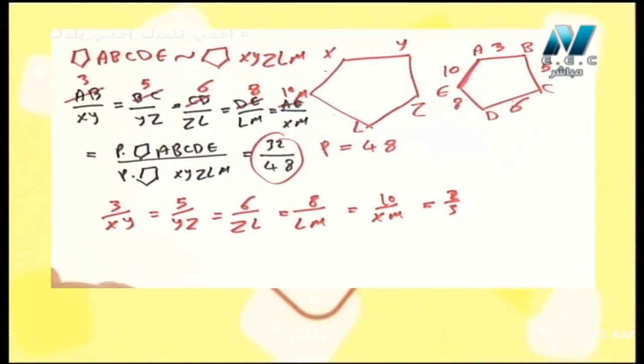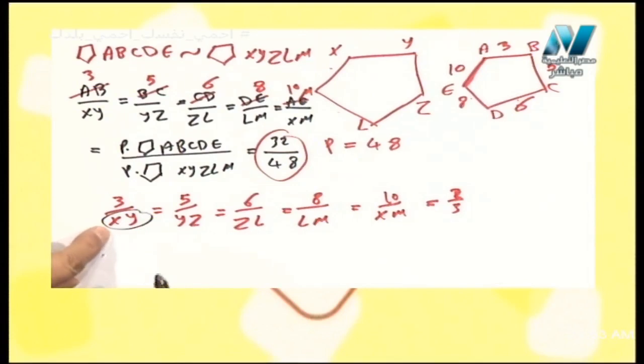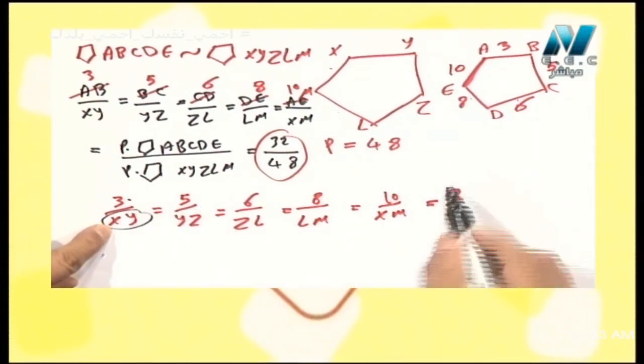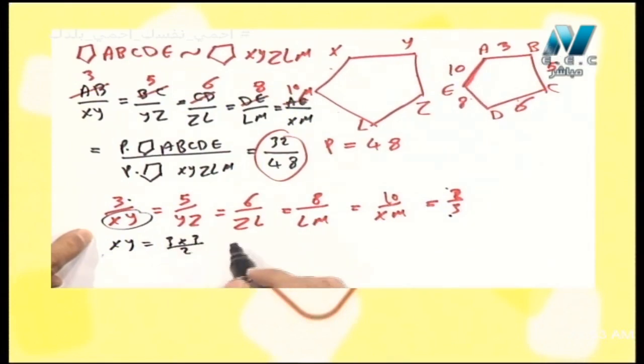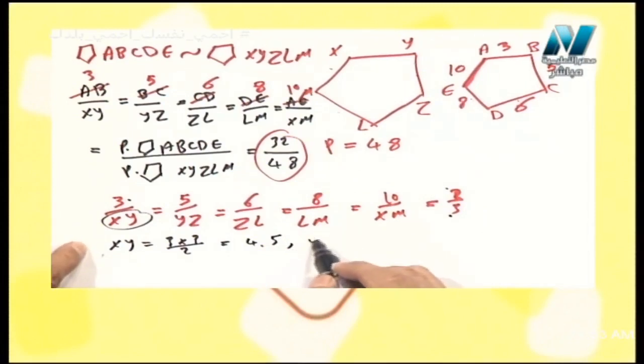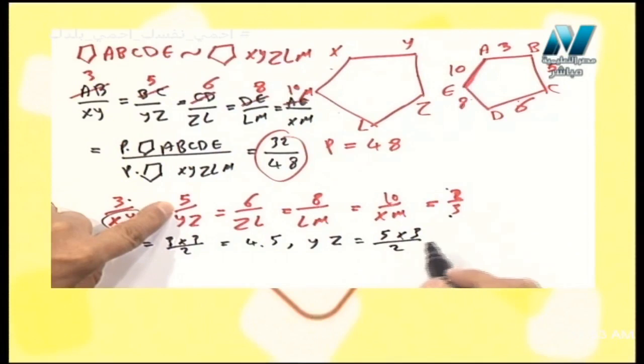Making cross multiplication to find XY, we multiply 3 by 3 and divide by 2. XY equals 3 times 3 over 2, so it's 4.5. YZ equals 5 times 3 over 2 equals 7.5 centimeters.